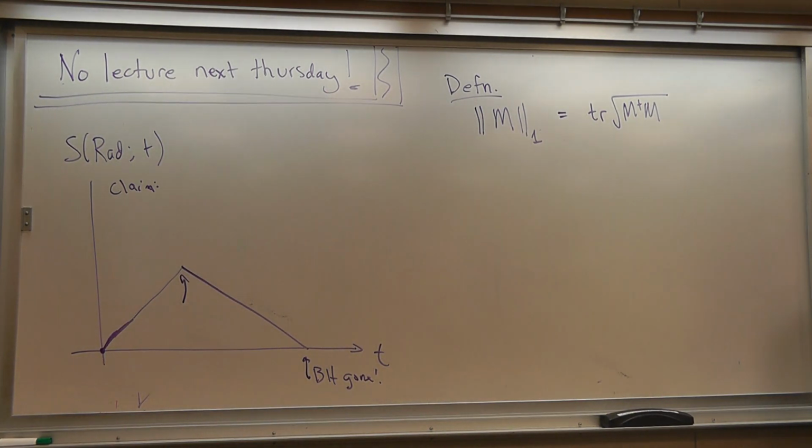I'm just saying that we now consider it to be part of region R. But the unitary evolution is just the black hole, it's not black hole plus radiation. Well, the unitary acts on the black hole, and then we emit a particle, and then the unitary acts some more on the black hole, and then we emit a particle, and then it acts some more. So there's nothing non-unitary going on.